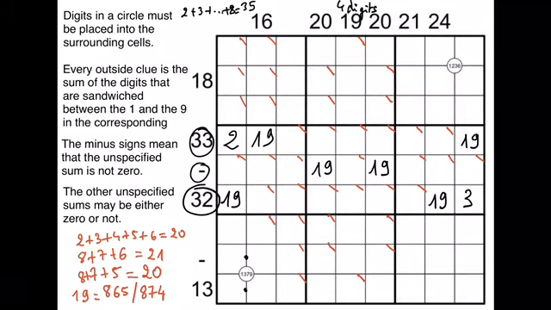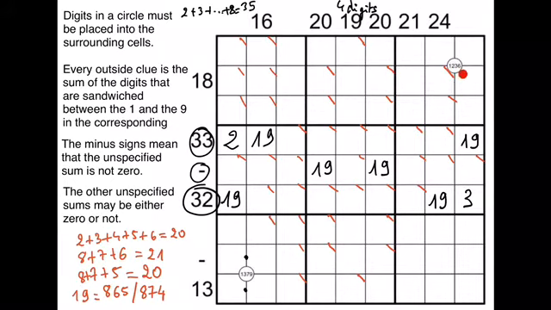But let's have a look back at this 24. We know the sum must include at least 4 digits, so it can't be this way, it has to be upwards. And those cells can't include a 1 or a 9, and this cell has to.